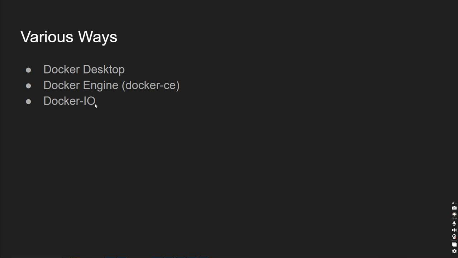If you are building images or deploying containers, from an engine point of view or a management framework point of view, it is the same. But when it comes to Kubernetes, you will see the usage is different. It may use a different container engine depending upon the variant of Kubernetes that you select. But from an end user or a developer point of view, you can pick any of these.